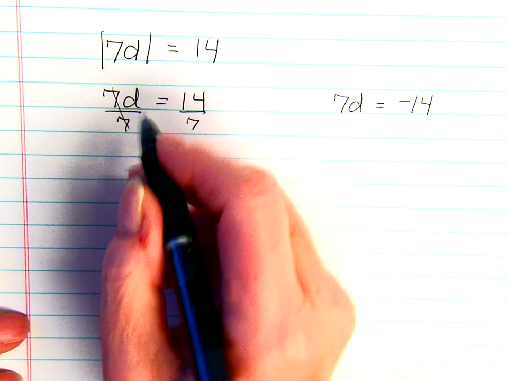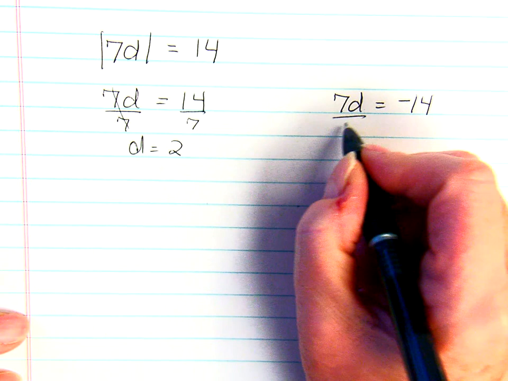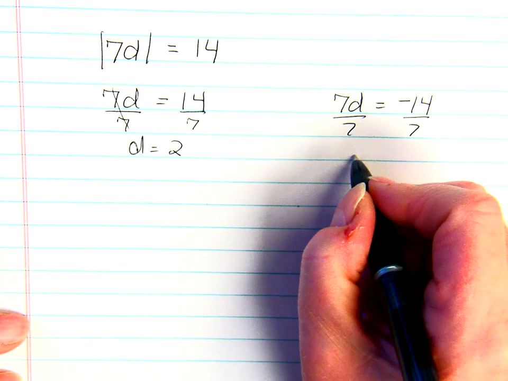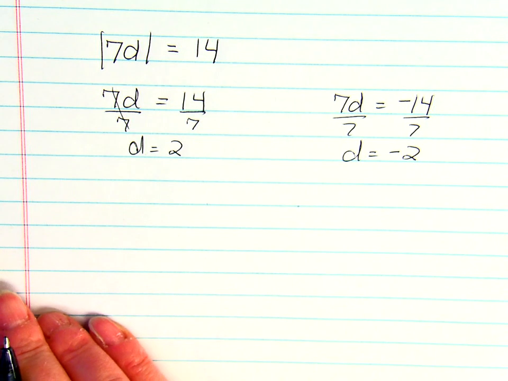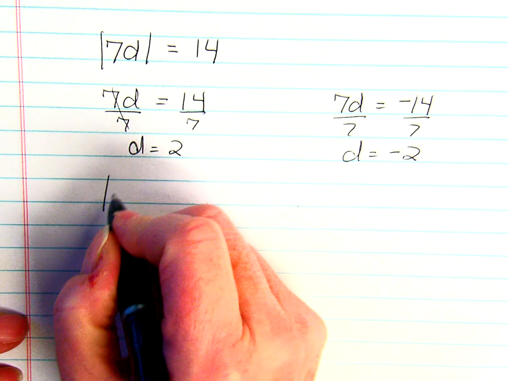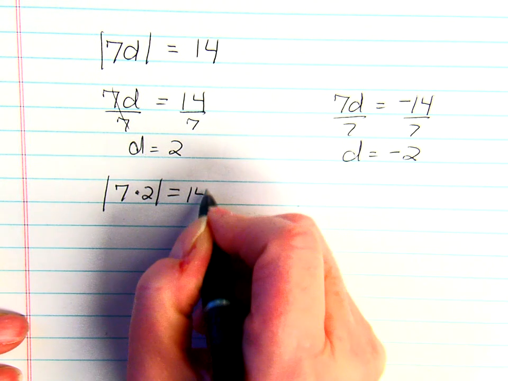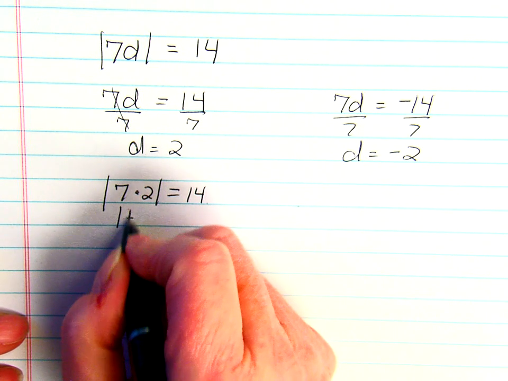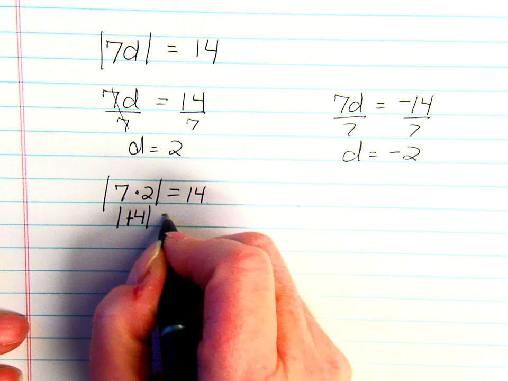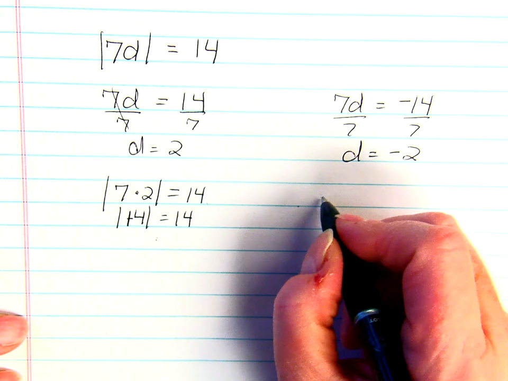If I do my division to both sides, D is equal to 2 here, and D is equal to -2. Now I will go ahead and do my check. The absolute value of 7 times 2 equals 14, and this becomes 14. That is correct.